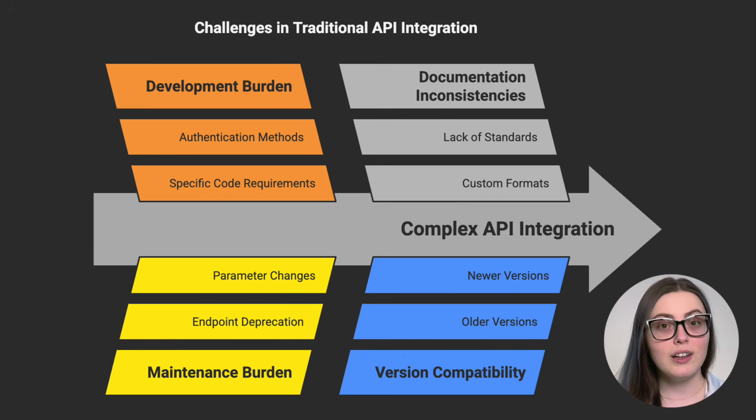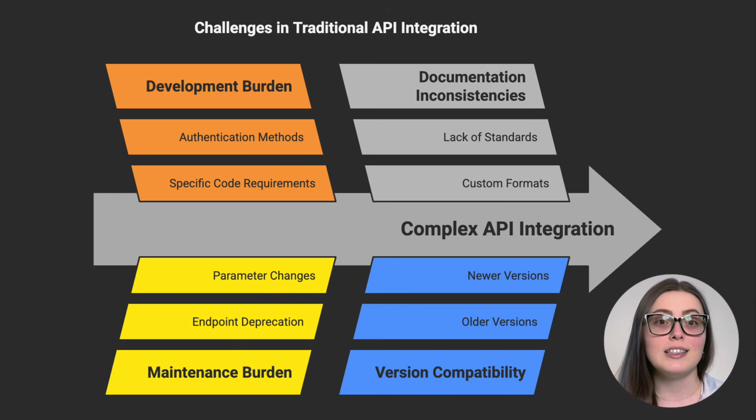To truly understand MCP, we need to know how it differs from traditional APIs, which have been the standard way of connecting software systems for decades. Traditional API integration comes with a couple of challenges. For each API we want to integrate, we need to write specific code that understands that API's unique structure, authentication methods, and data formats.